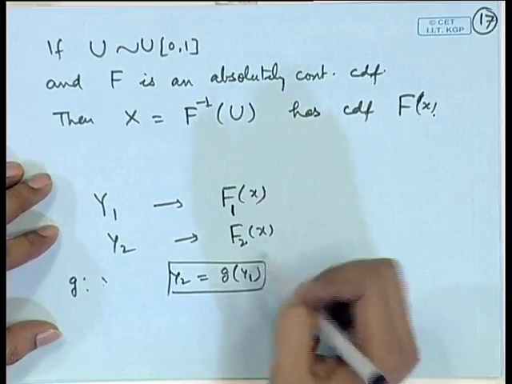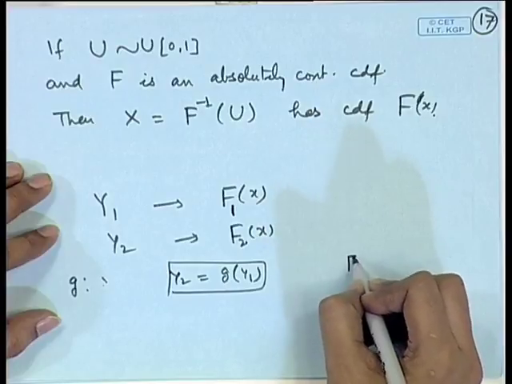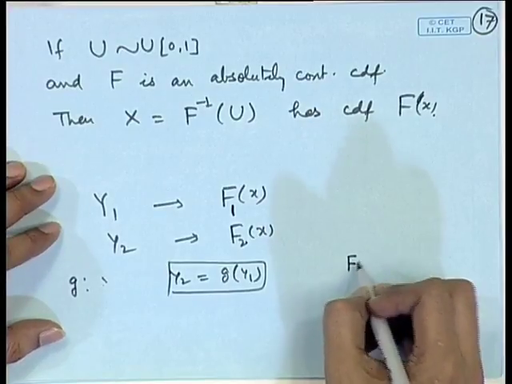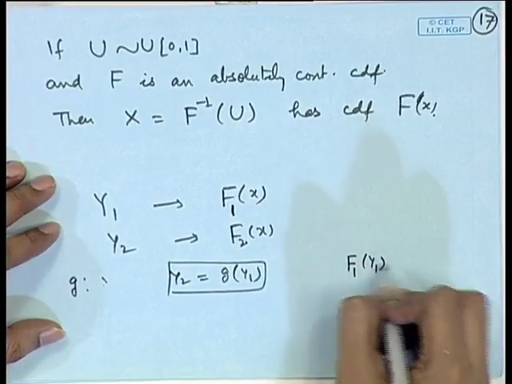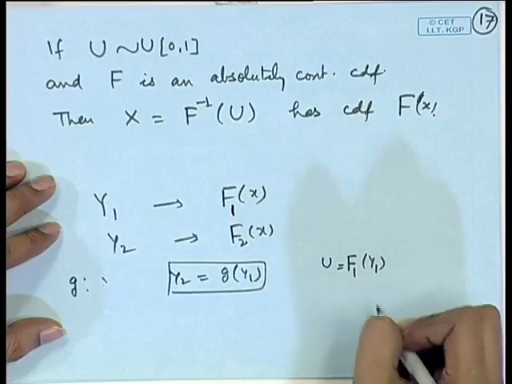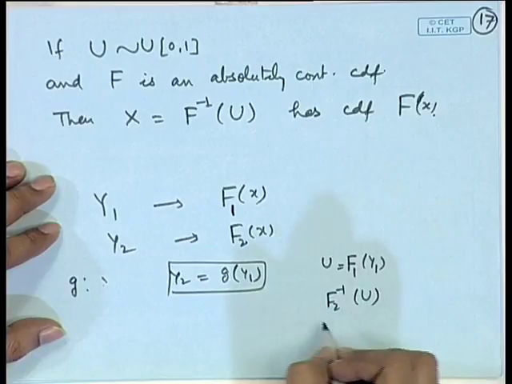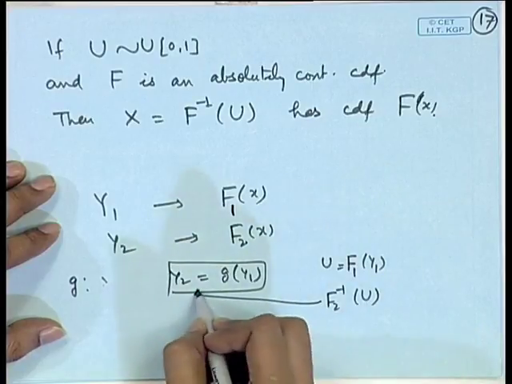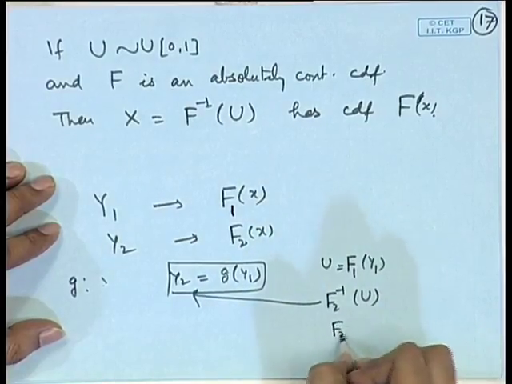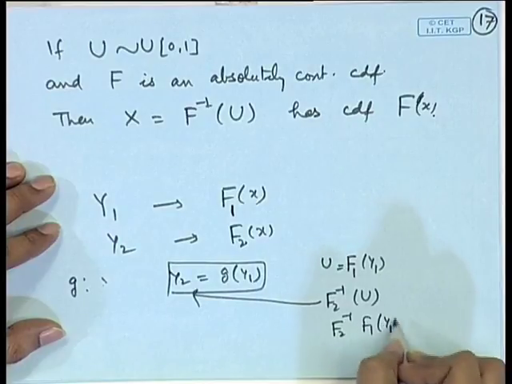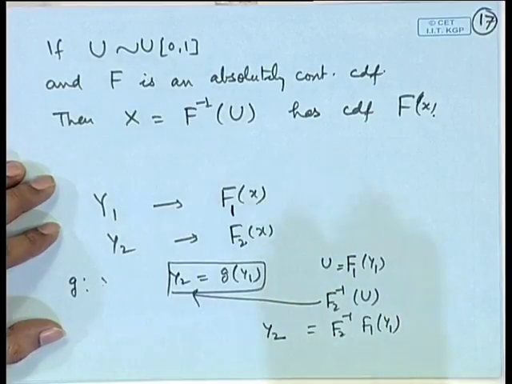So, basically what we can do is that we can consider F 1 of y 1, that is say u, and then we consider F 2 inverse of u, then that will be this. So, basically F 2 inverse of F 1 of y 1 is equal to y 2.